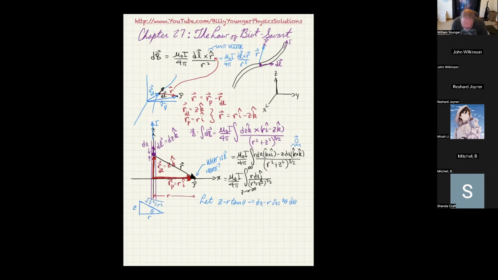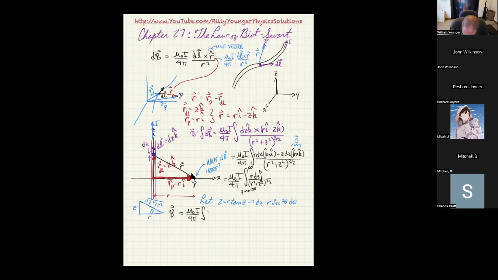So now that I have that substitution, this is called a trigonometric substitution, I can say B is equal to mu 0 I over 4 pi times the integral. Now dz is just going to become r secant squared theta.